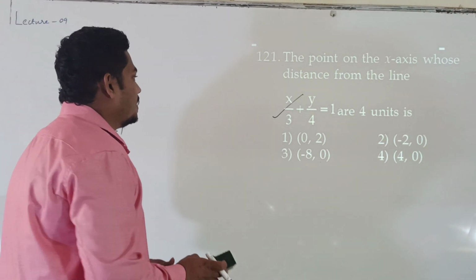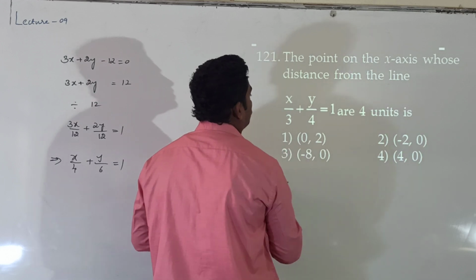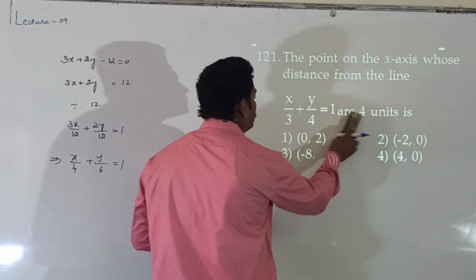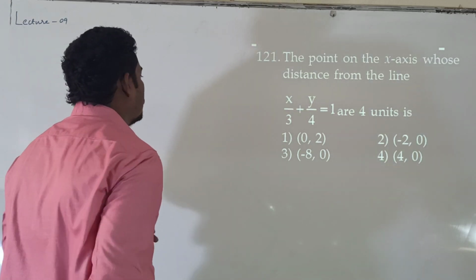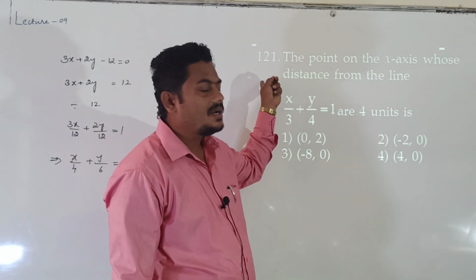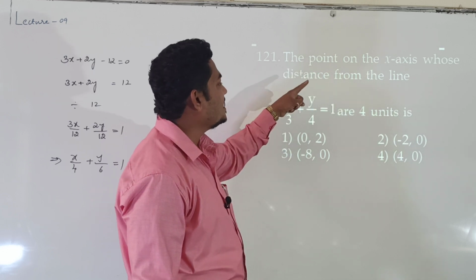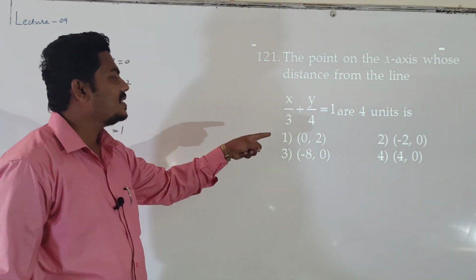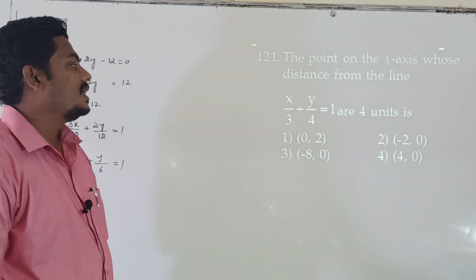Next question, that is 121. The point on the x-axis whose distance from the line x by 3 plus y by 4 equal to 1 is 4 units.